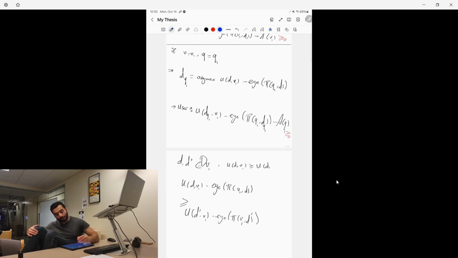This is, I want to say, a kind and good platform, right? That its utility is actually the utility of the user. So D prime and V1. I rather sort pi V1 and D less than pi V1 and D prime.